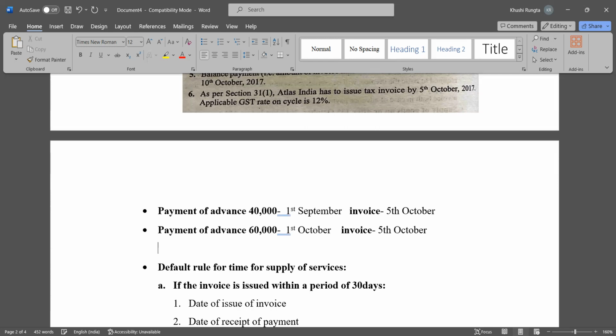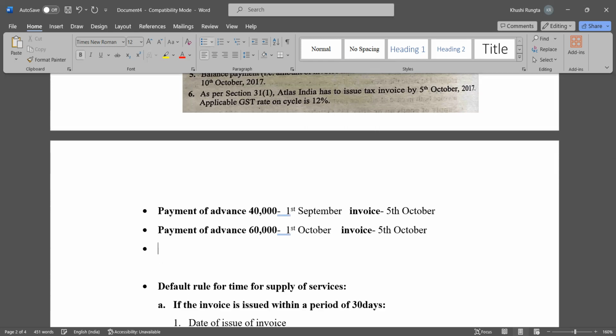So, the remaining amount is received on 10th October. Invoice date remains same.